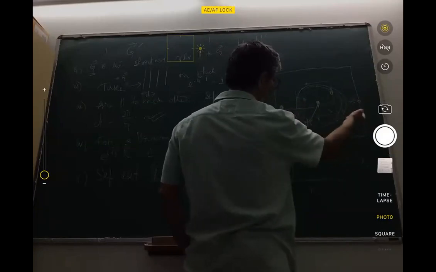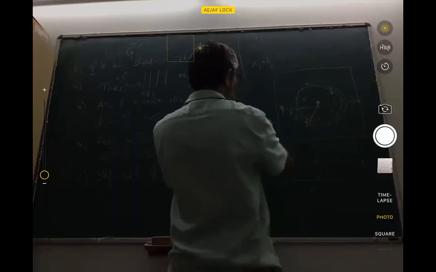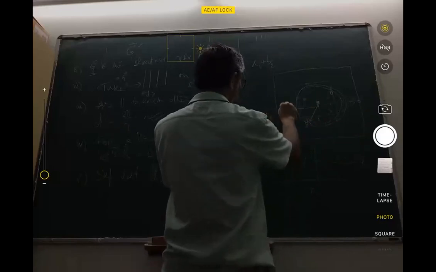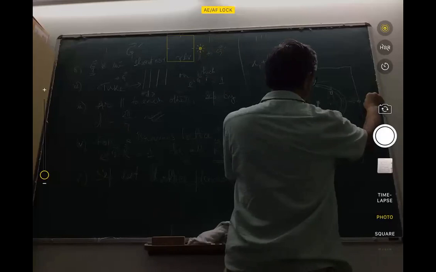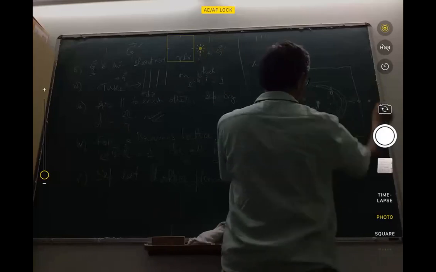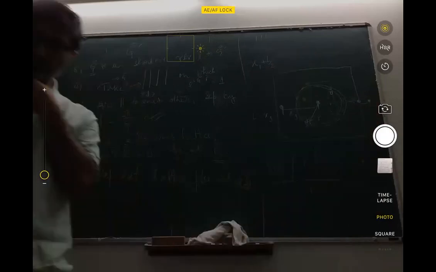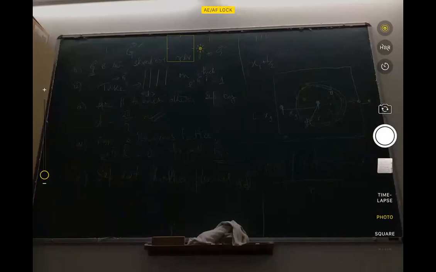But when you apply periodic boundary conditions, the distance between these two would really be L minus x1, because this one is also repeated here. So this much is L minus x1. Is that what you are asking?